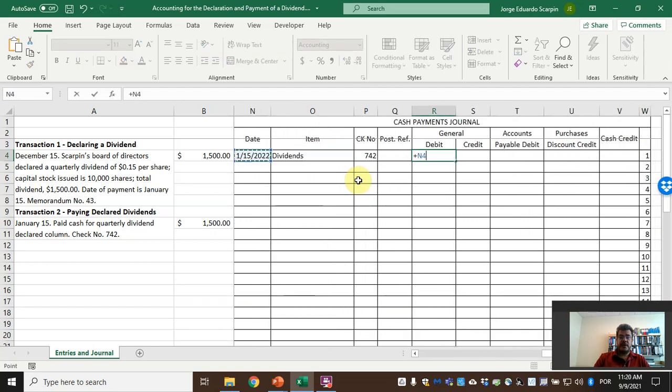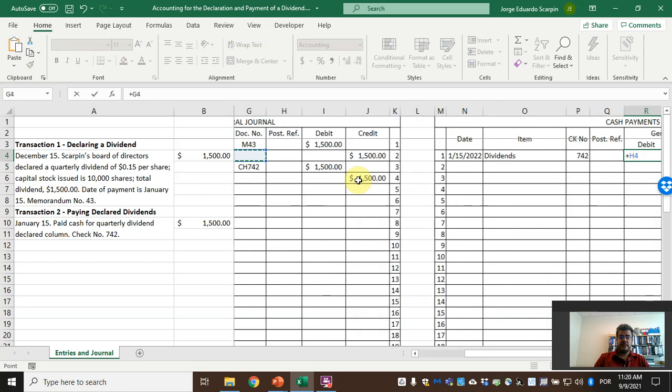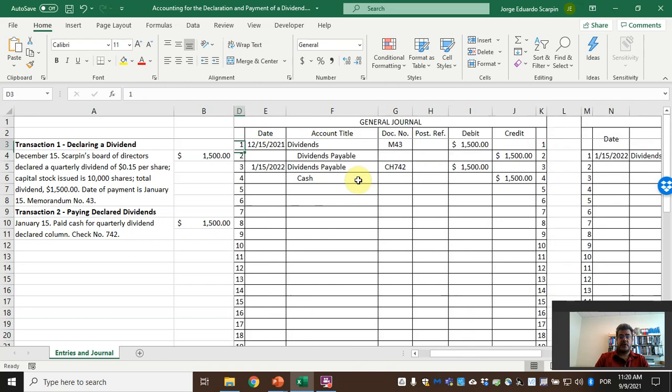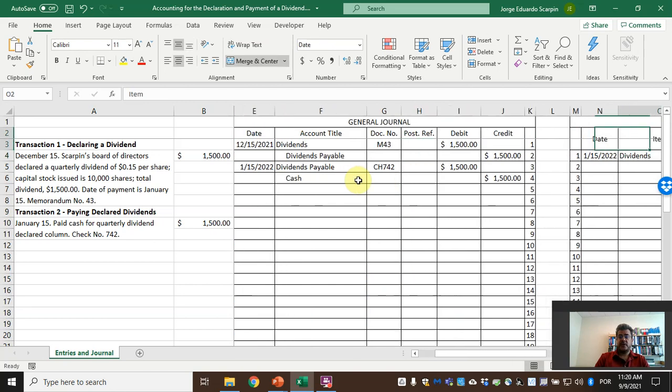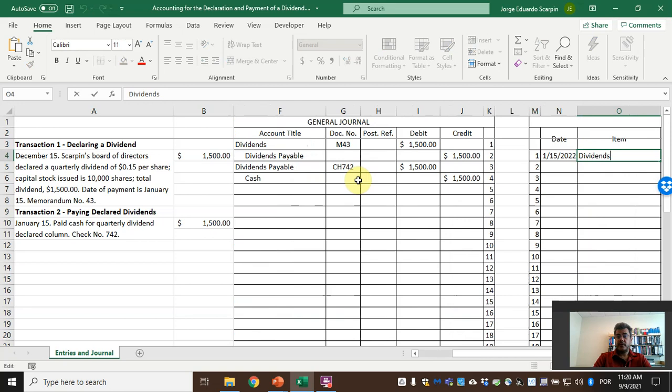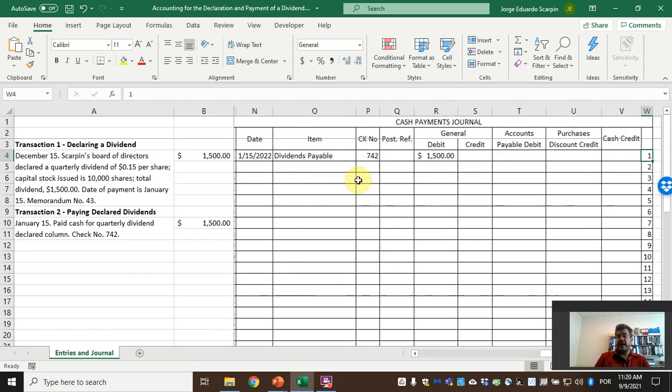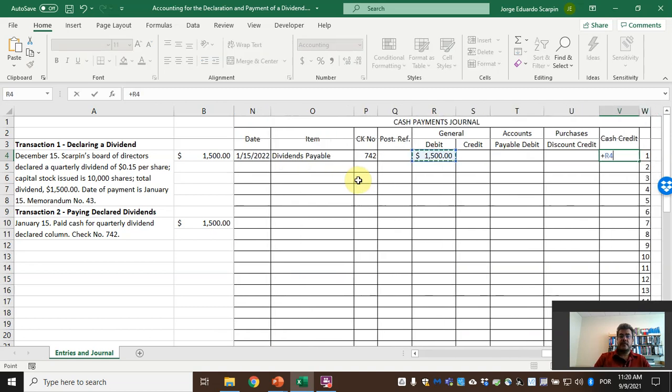So our debit, dividends payable. And instead of dividends, to not mess with these dividends here, it's much better. Dividends payable 1500, and then our cash credit, the 1500.